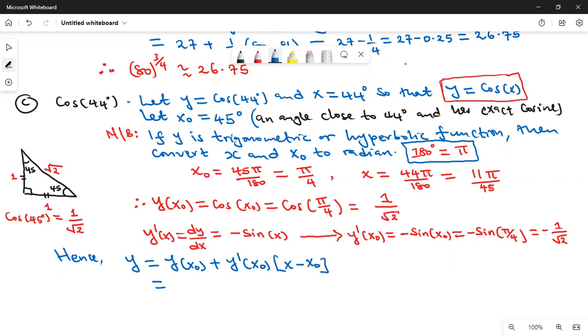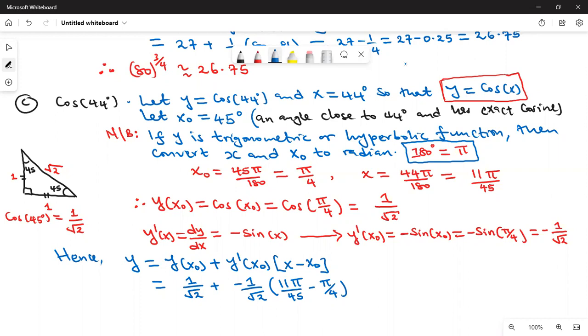And we know y at x naught, we got that as 1 over root 2 plus y prime at x naught, we have found negative 1 over root 2 times x. Our x is, in terms of radians, 11 pi over 45, minus our x naught, we got pi over 4.